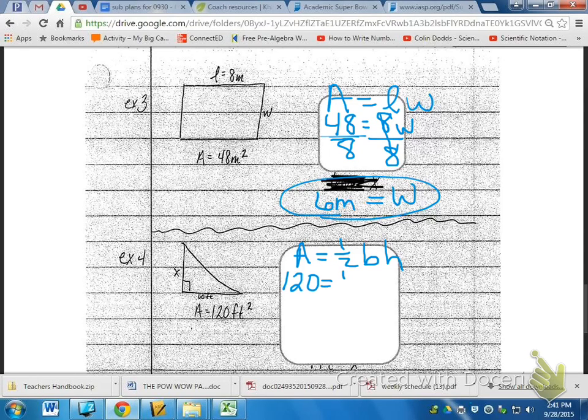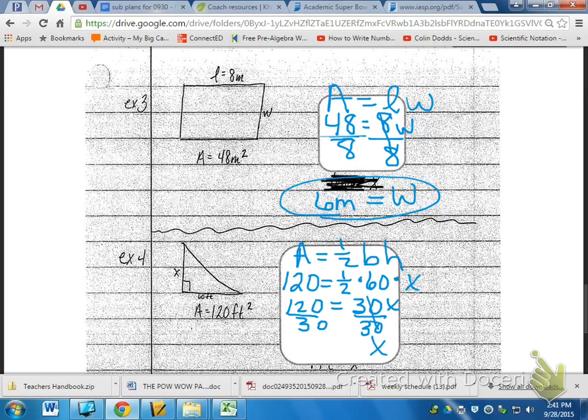What can I plug in for B? 60. And what can I plug in for H? X. Okay, so what is 1/2 of 60? So 120 equals 30x, and what's my last step? Divide by 30.